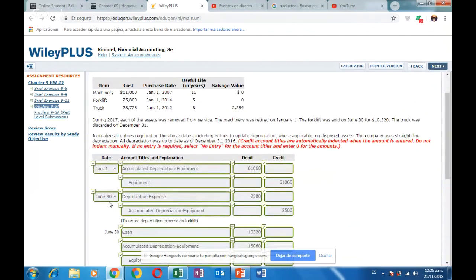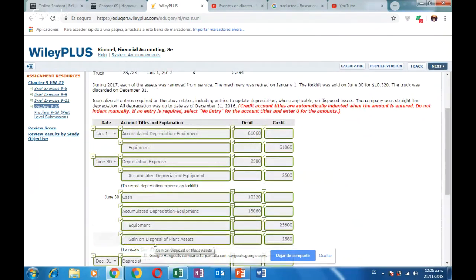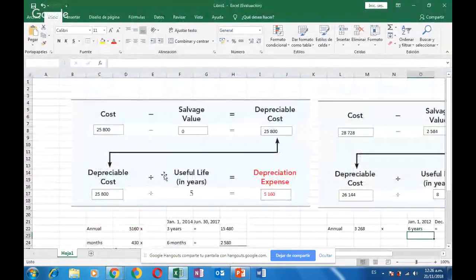On June 30, before recording the sale, we will need to determine the amount of depreciation expense. So I would use this to explain.